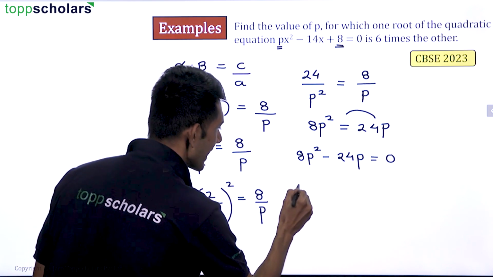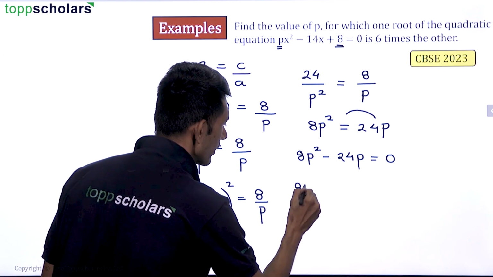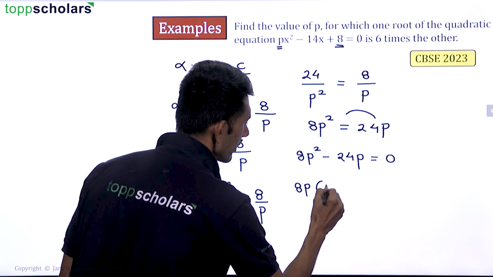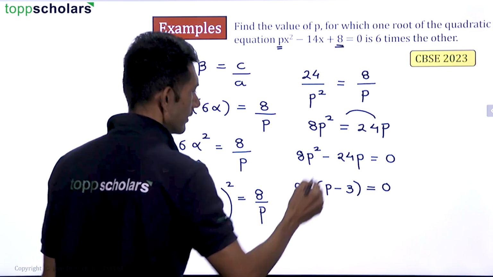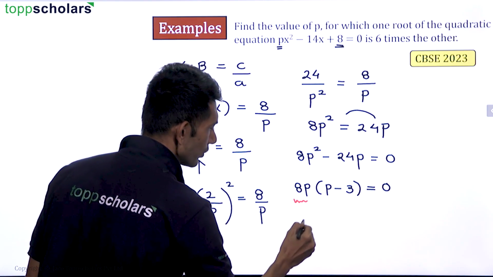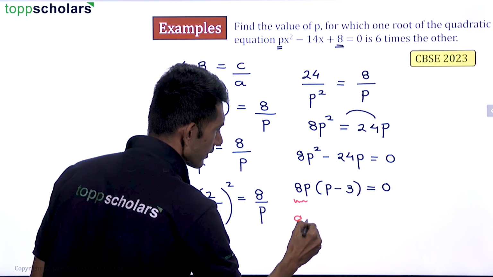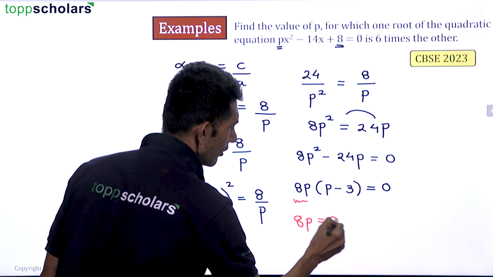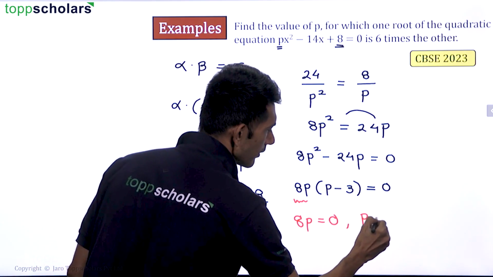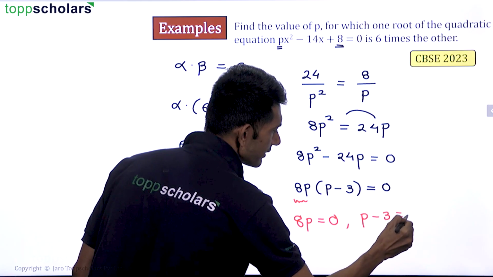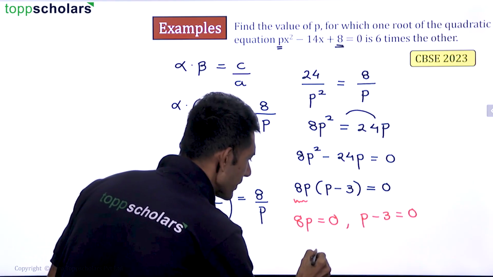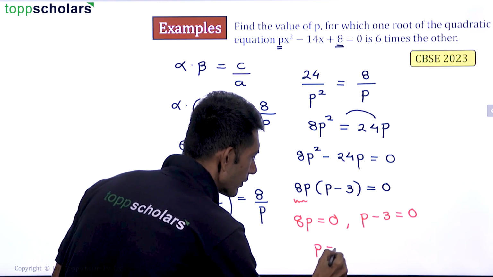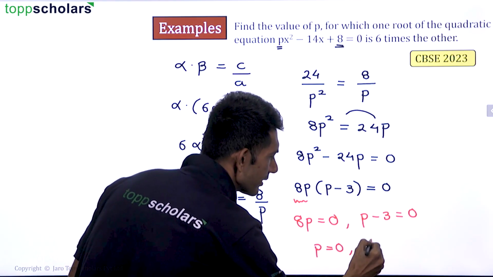So from here I can take 8p common. 8p(p − 3) is equal to 0. So 8p is equal to 0 or p − 3 is equal to 0. But if 8p is equal to 0, can I say p is 0 or p is 3?